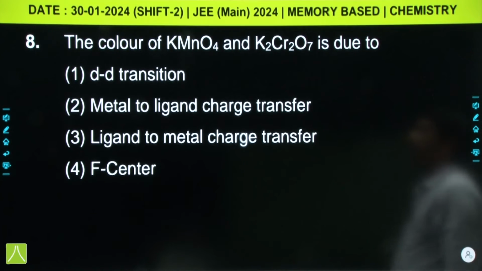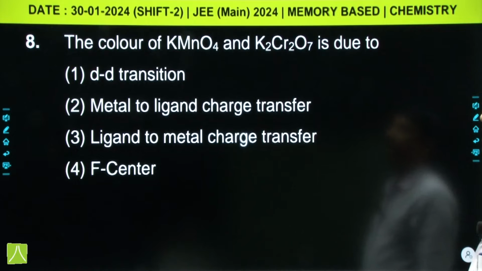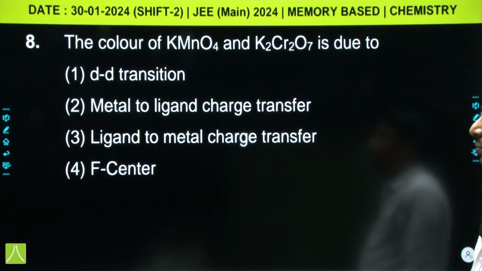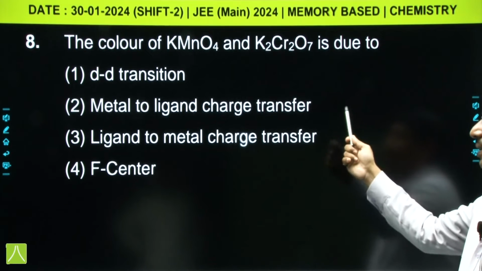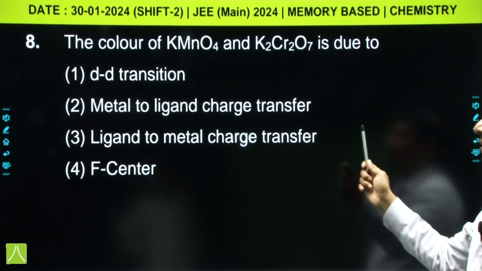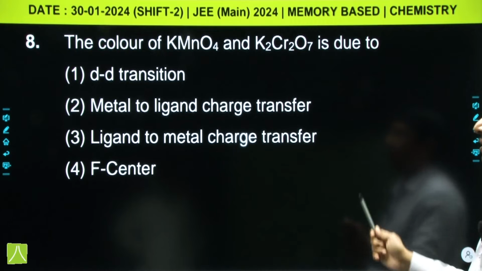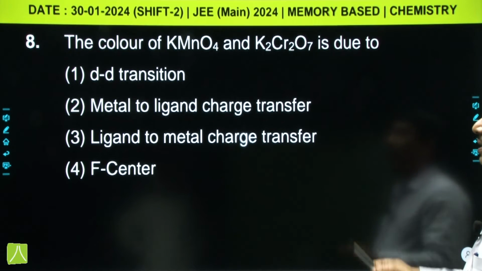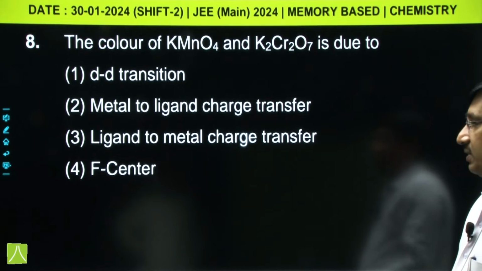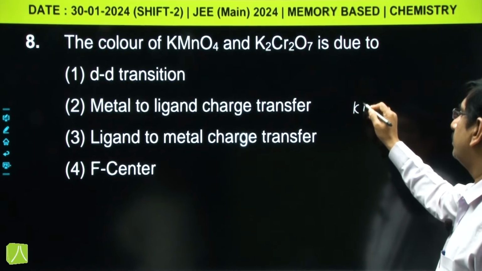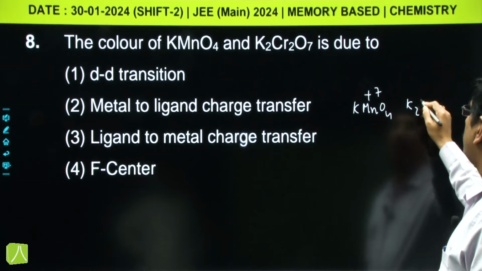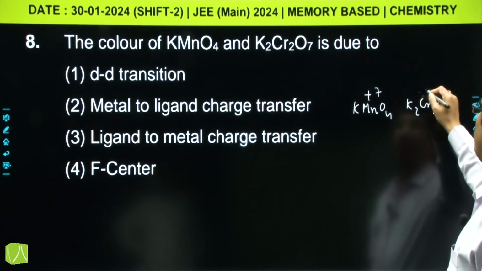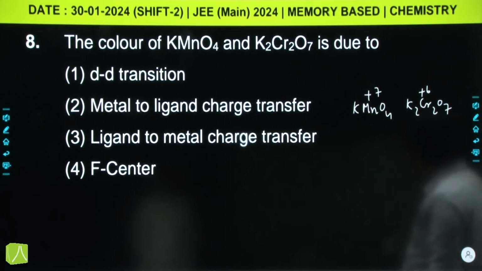Next question: the color of KMnO4 and K2Cr2O7 is due to d-d transition, metal to ligand charge transfer, ligand to metal charge transfer, or F centers. In KMnO4, Mn has +7 state and in K2Cr2O7 chromium has +6 oxidation state.